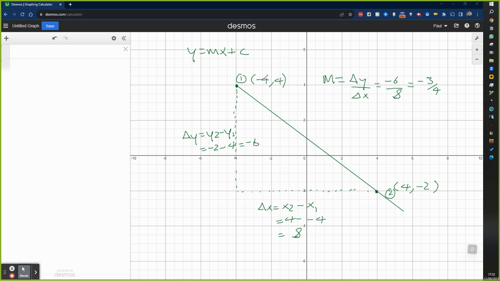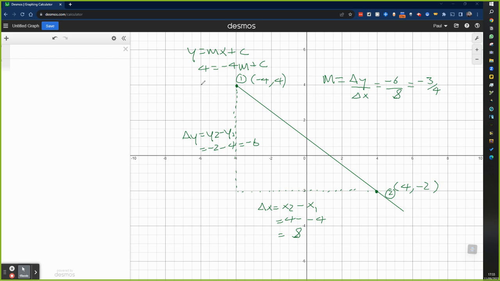We can look at either one of these two coordinates, and we can say, well, at point 1, y is equal to 4 and x is equal to -4. So actually we could say that 4 is equal to -4m plus c. And we know what m is. It's -3/4.